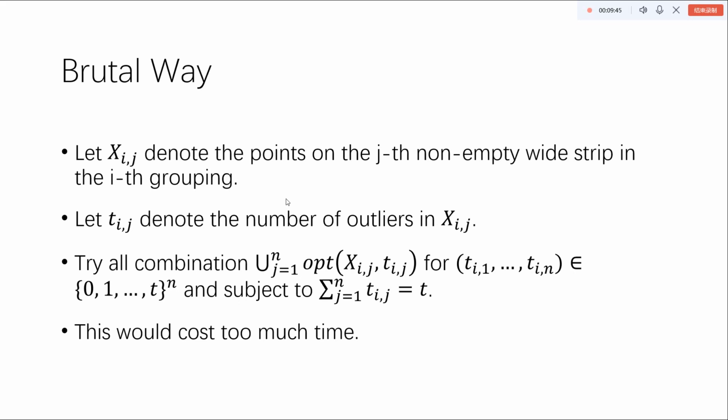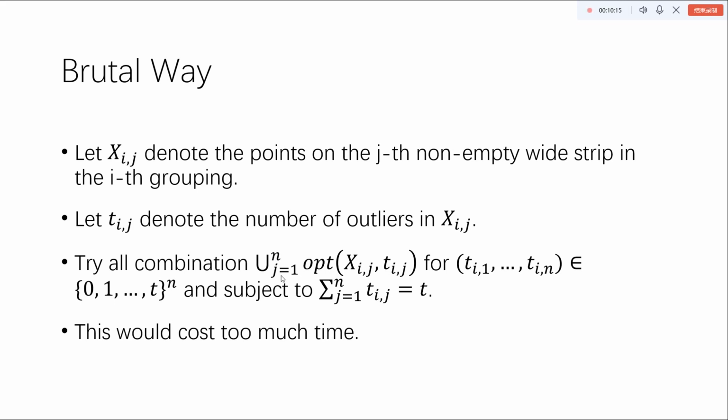So actually, there is a brute force way to do that. For convenience, we let X_ij denote the points on the J's non-empty white strip in the I's grouping, and T_ij denote the number of outliers in X_ij. So we can try all the combinations, which is a union from j to n.